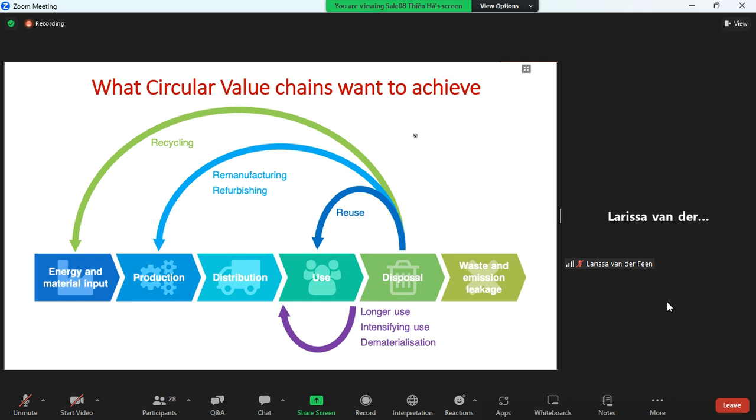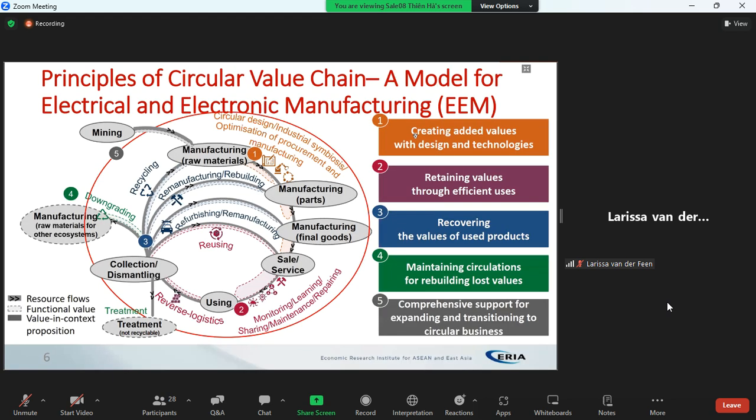So again, this is a more complicated figure. But we need to think about the 5 parts, from the raw materials to the final products, and also the phases of disposal and recycling.